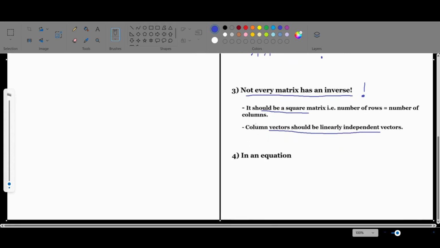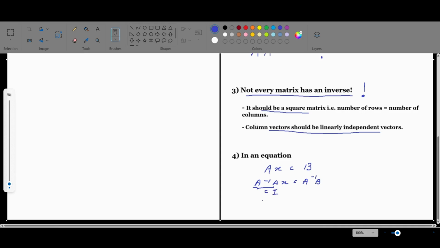Okay. Now, the next thing that we're going to talk about, the fourth point about A inverse is this. Let's say you have an equation A times X equals B. Now, multiply A inverse on both sides such that A inverse AX is equal to A inverse B. We know that A inverse A gives us I, which is the identity matrix.